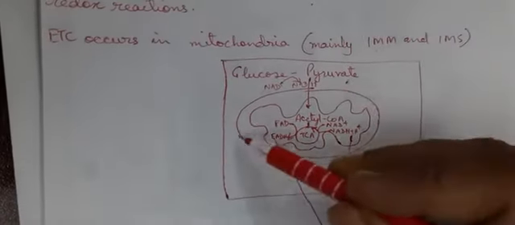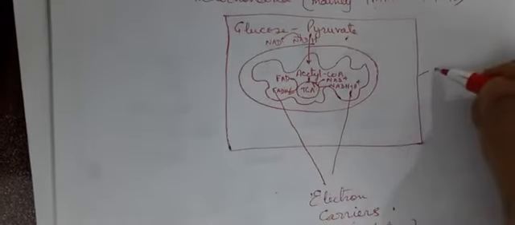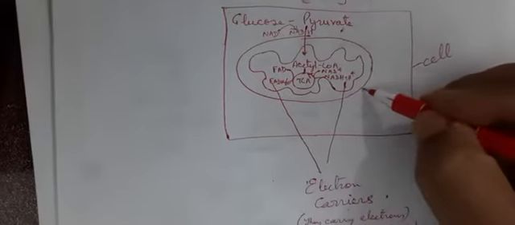So we can see here the cell, and these are the mitochondria in the cell. This is the cell cytoplasm, or we can say cytosol of the cytoplasm.